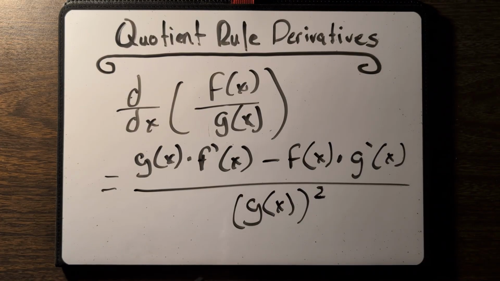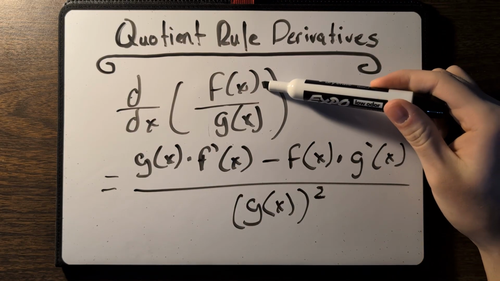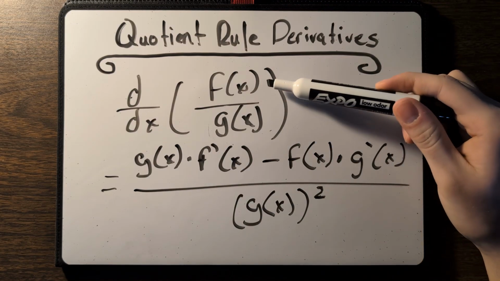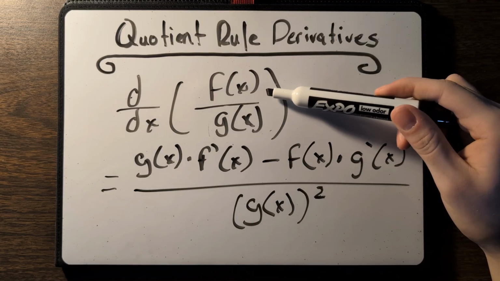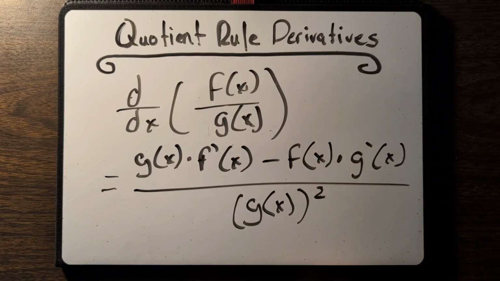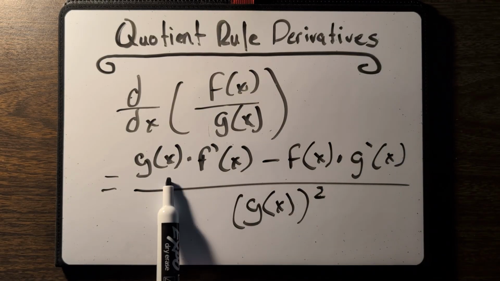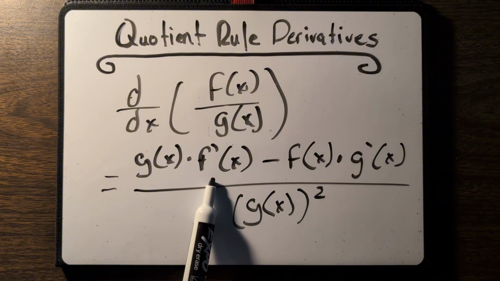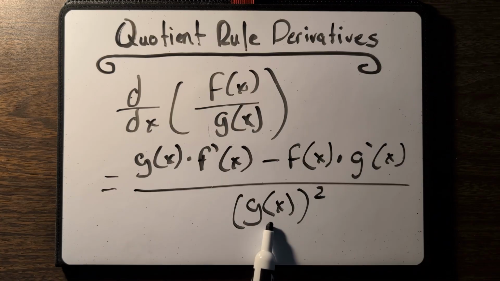So the way I remember this, and I think it's a very helpful mnemonic, is that we have a high and a low. High being the function on top, low being the function on the bottom. When we're applying quotient rule, we do low d high minus high d low over low squared.